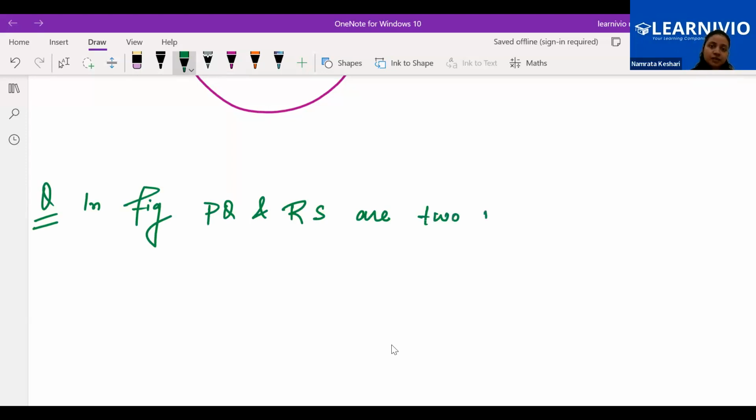PQ and RS are two mirrors placed parallel to each other.